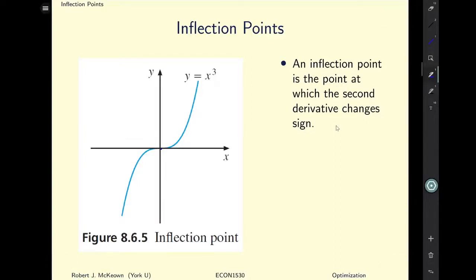So when x is less than 0, this function is concave, right? It's increasing at a decreasing rate. And when x is greater than 0, it's convex.